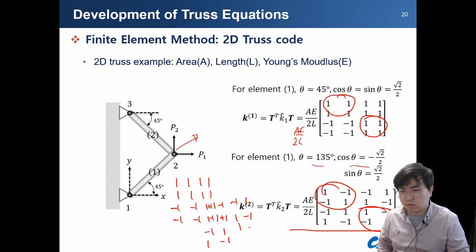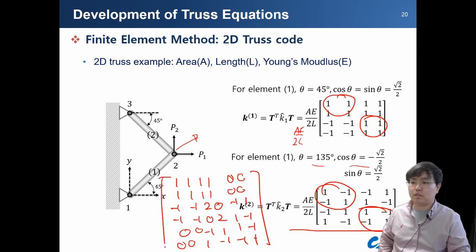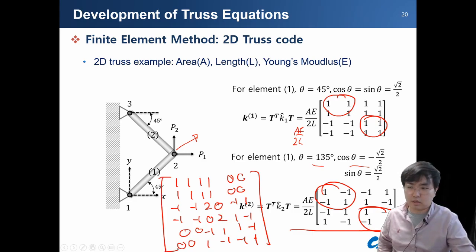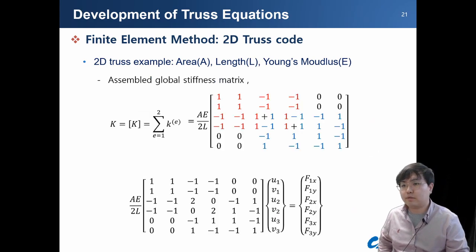The remaining entries are equal to 0, so this becomes 2, this becomes 0, this becomes 0, this becomes 2. This is the assembled case, which I prepared here, and it looks like this.